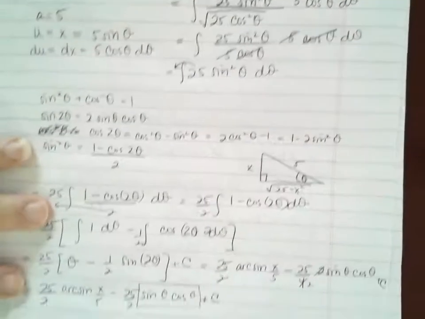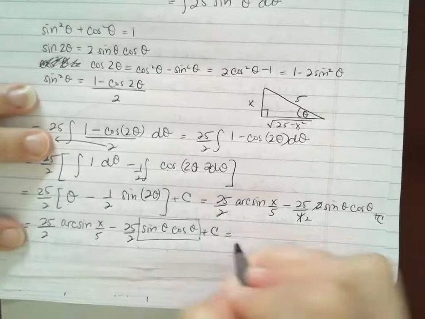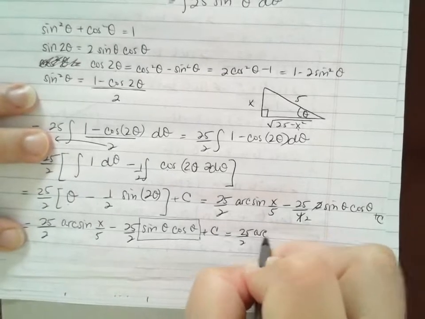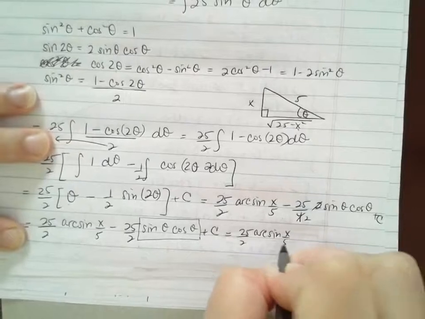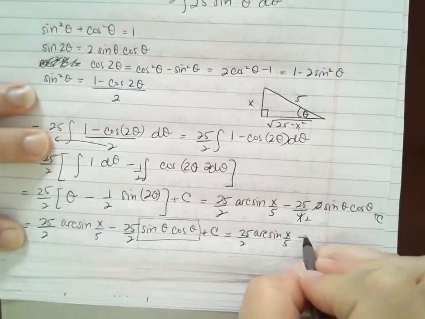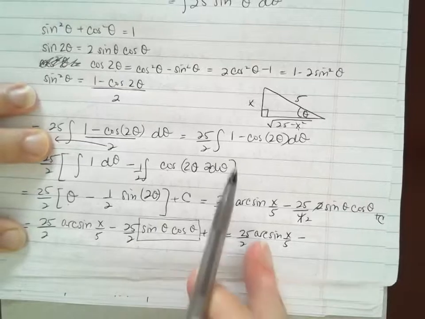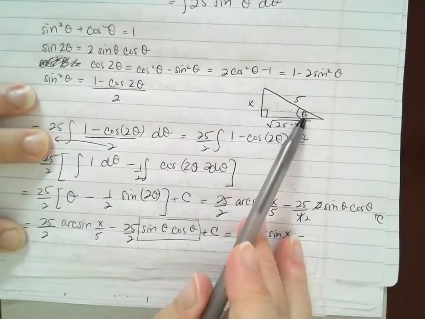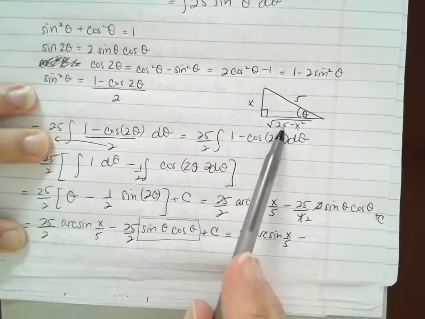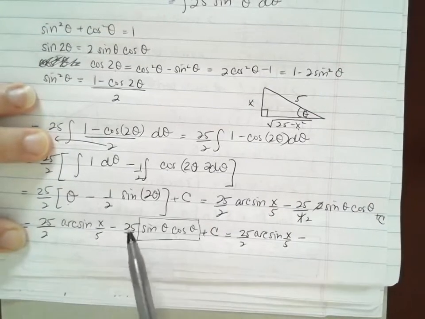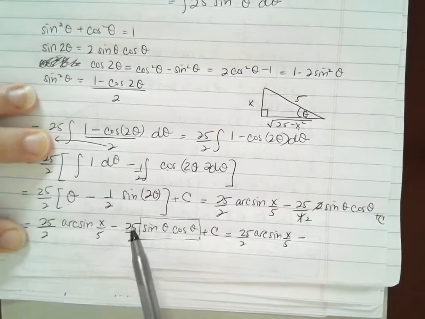So now to finish up this statement, I get 25 over 2 arc sine x over 5 minus 25 over 2, sine will be x over 5, cosine will be square root of 25 minus x squared over 5. So the two 5's in the denominator are going to cancel with that 25.